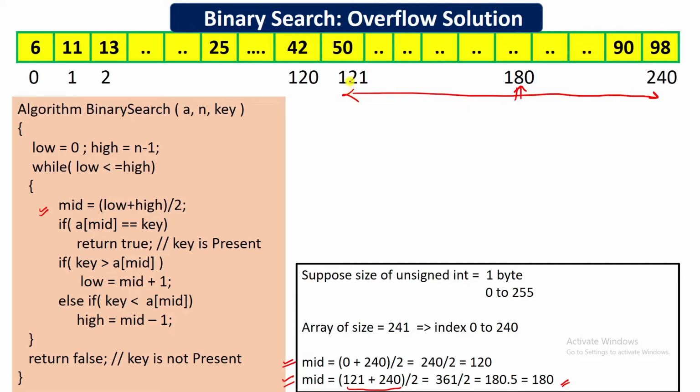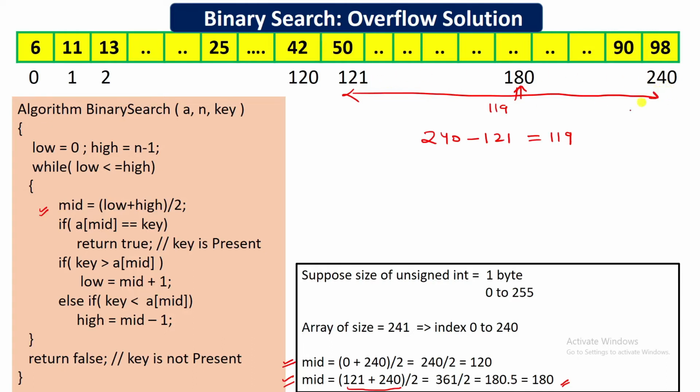Between 121 and 240, how many elements are there? To find this, you can say 240 minus 121, so it will come as 119. That means 119 is the total length of 121 to 240, the number of elements present between them.